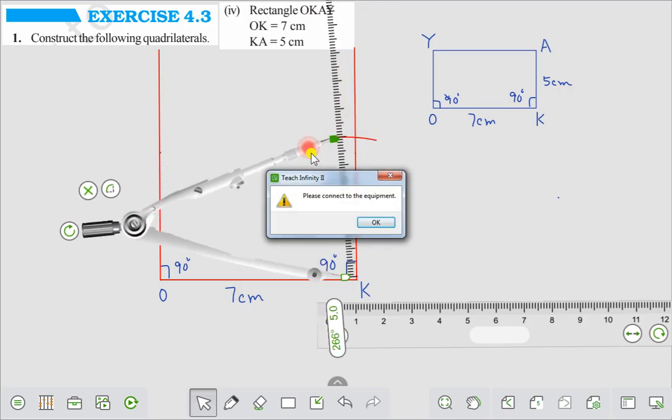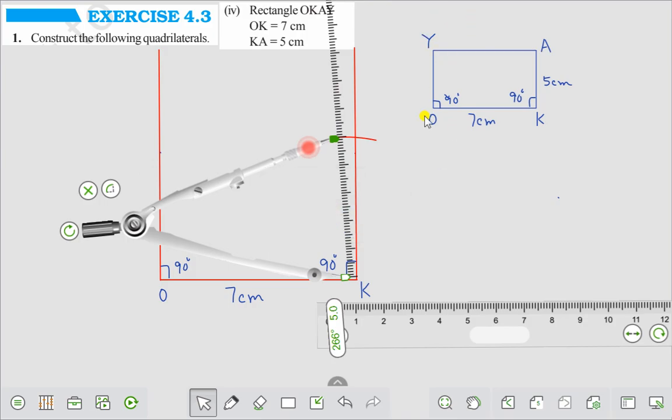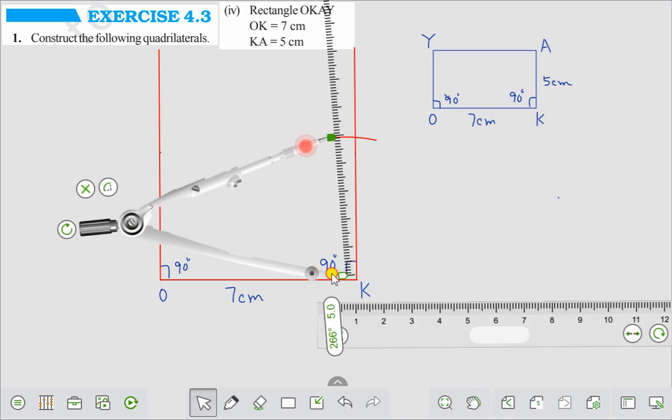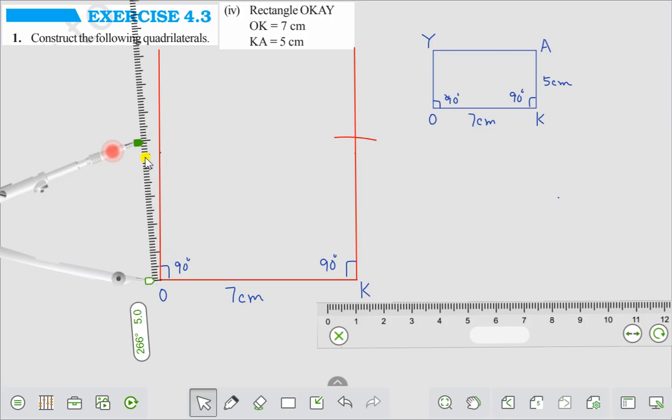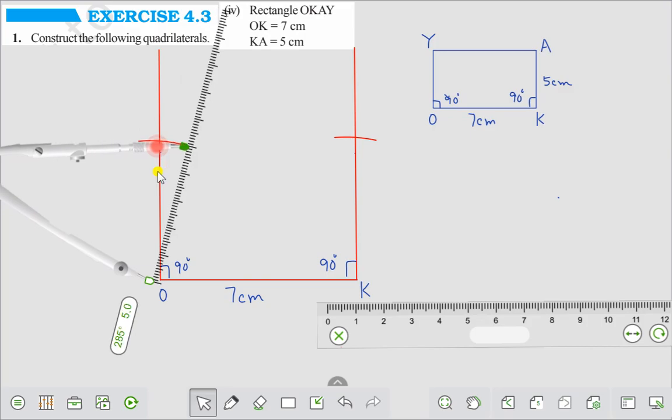And you know that in a rectangle, opposite sides are equal. Therefore, OY is equal to 5 centimeter. Again, we take this pointer at point O and make an arc here of 5 centimeter, right?